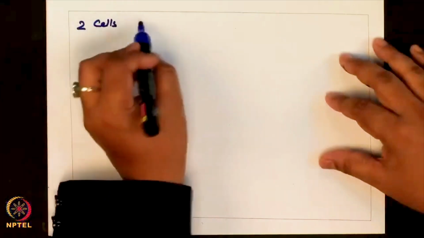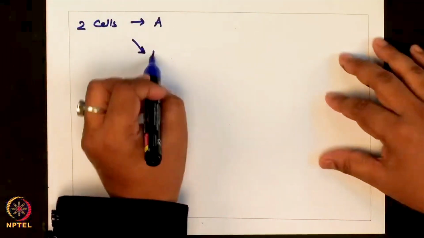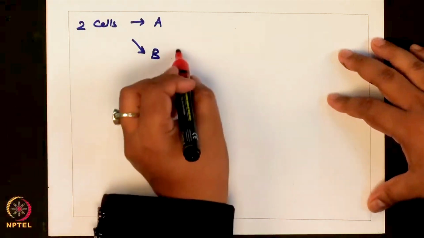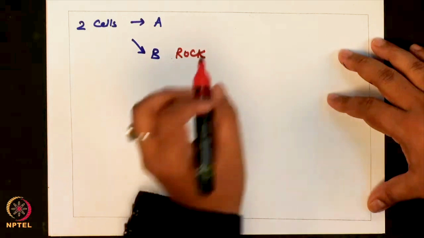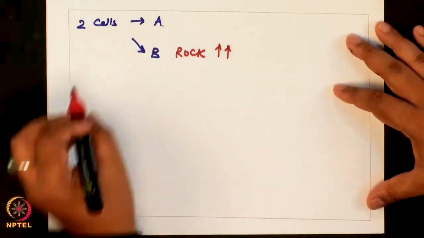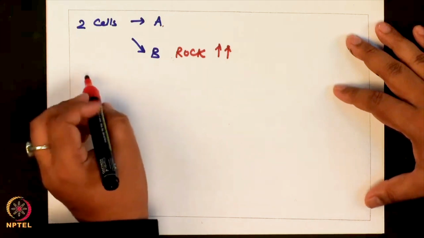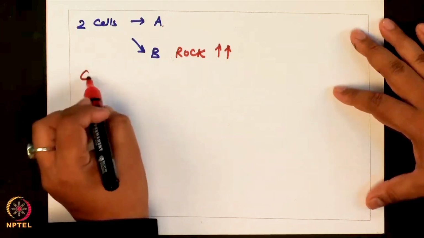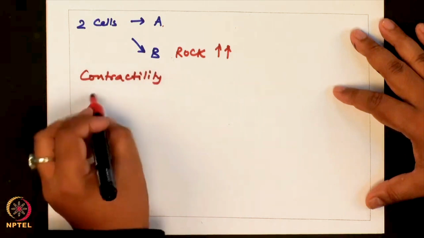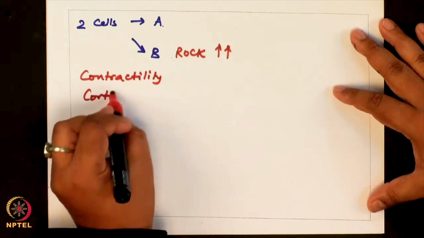One more example I would like to take. Imagine you have two cells, cell type A and cell type B, and let us say in cell type B, your Rho kinase activity is upregulated compared to cell type A. You have two metrics of mechanoadaptation, contractility and cortical stiffness.